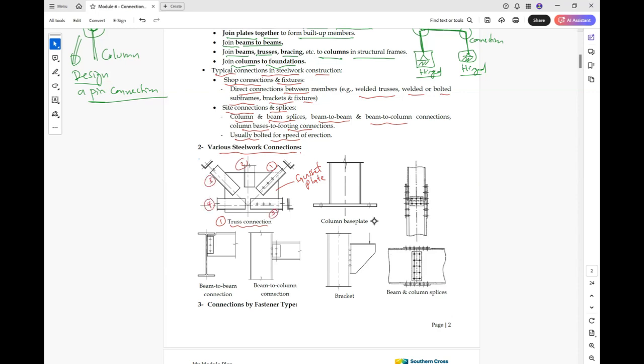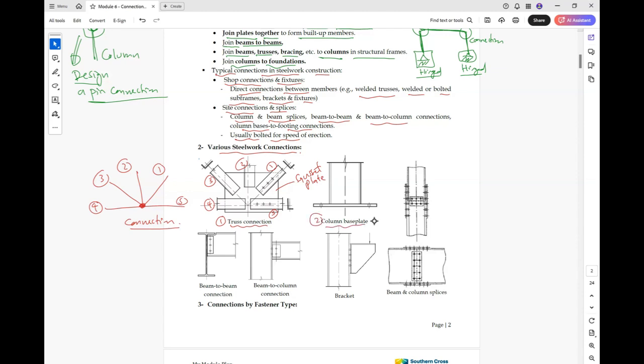So 5 members are connected. In the structural analysis, this connection is represented like that. So you have members 1, 2, 3, 4, 5, and this connection is our connection here.